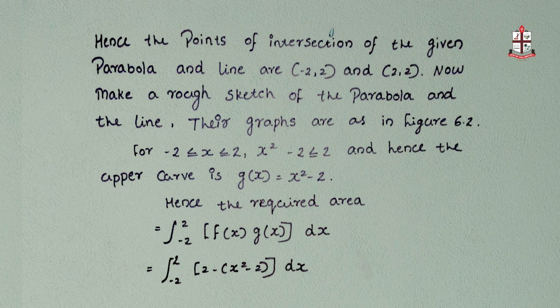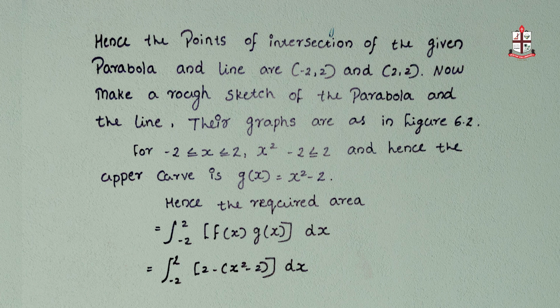So, we will make a rough sketch of the parabola and the line, and their graphs are seen in the figures. For x varying from minus 2 to 2, x squared minus 2 is less than or equal to 2. Hence, the upper curve is the line, and the lower curve is x squared minus 2, that is g(x).